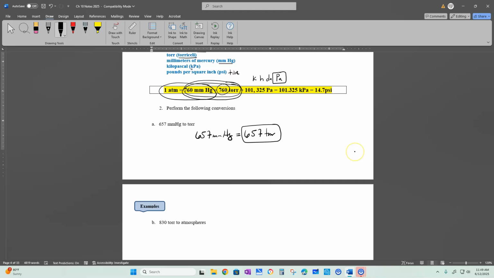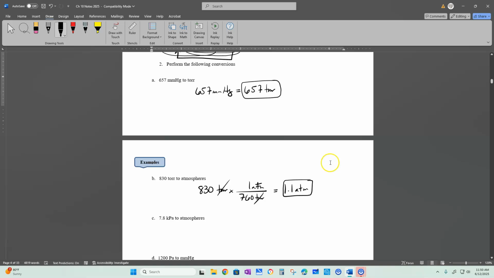What if I have 830 torr and I want to go to ATM? Simple one-step conversion. For torr, 760 torr equals 1 ATM. So 760 on the bottom, 1 ATM on top, bye-bye torr. And then I'm going to divide, and I'm going to go 2 sig figs, so I'm going to get 1.1 ATM. And then make sure you box that answer.